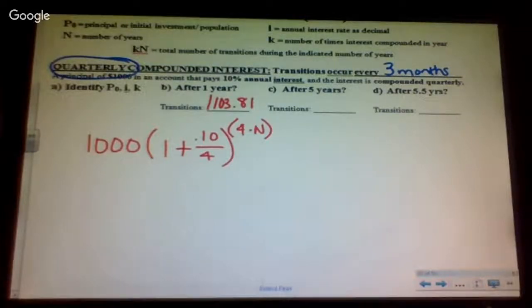Did you do 4 times 5 when you raise it? $1,638.62. And after 5.5 years, it should have gone up, because it happened 2 more times. Oh, yeah, half a year. $1,721.57.